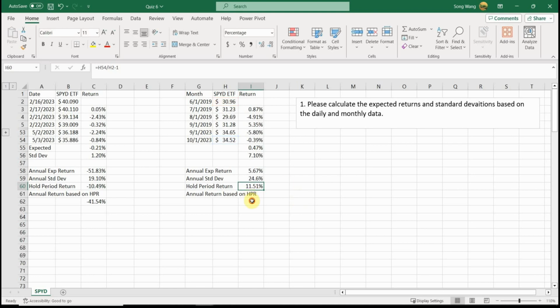I can simply use the ending price divided by the earlier price, raised to the power of 1 over n, where n is the number of years in this time period. I'm going to count how many returns there are here.